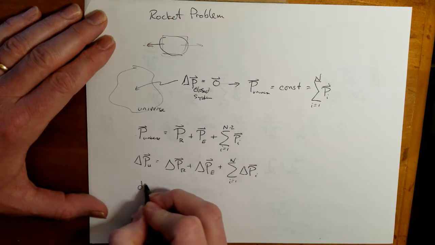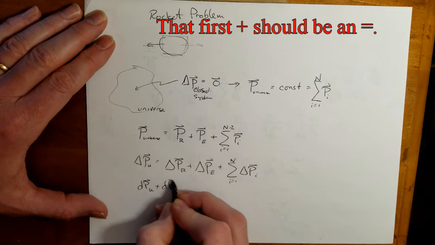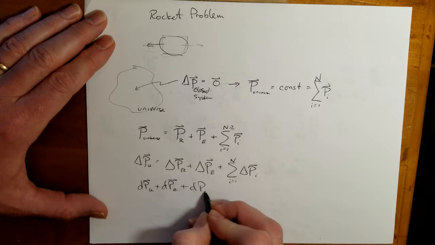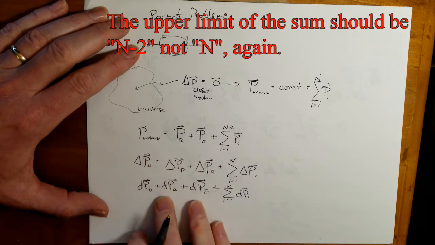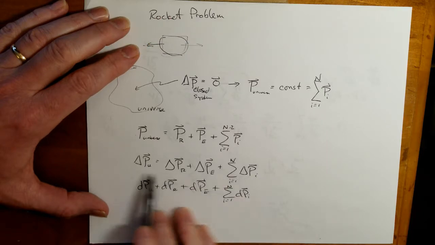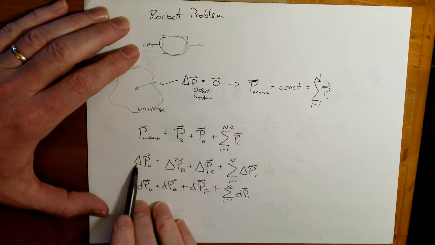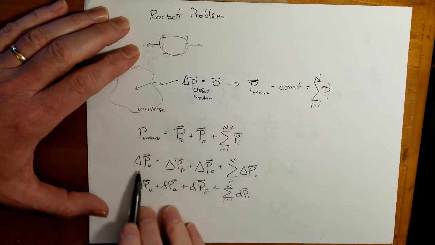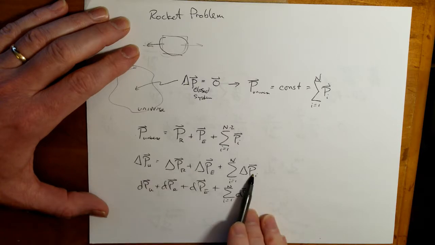For calculus, we'd use dp_u. So non-calculus, calculus. For the transition there, if you think of this change as incredibly tiny across the board, so it takes place over a very small change in time, then you start getting into this.